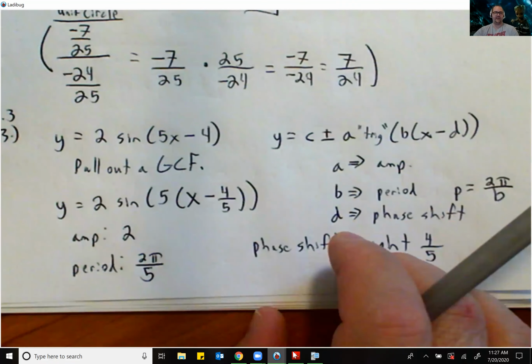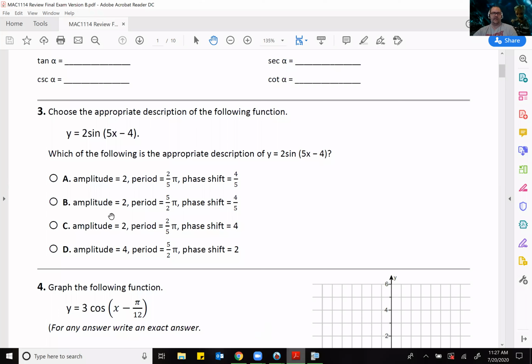So if we come back in here, amplitude of 2, this is 2 pi over 5 because we just put the pi up top, and a phase shift of a +4/5. Hey, this one looks good right there. So the answer has to be A. If you look at the rest of them, they're all messed up. Because this one right here, the period is wrong.